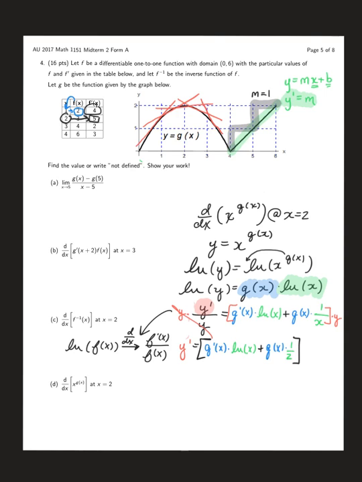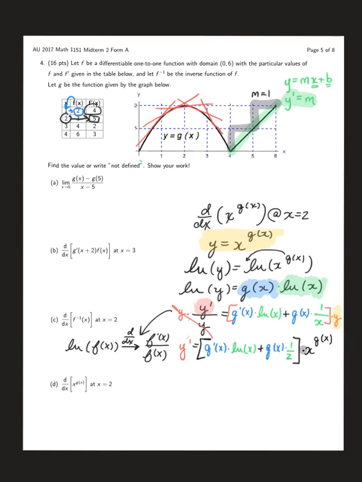What is y? Well, let's go all the way back up to find what y is equal to. We have this equation here. y is x to the g of x power. So it's times x to the g of x power.